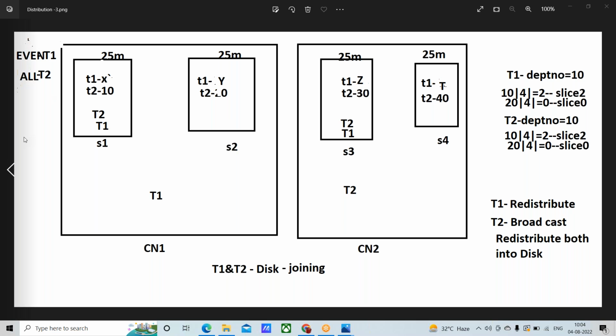All is present in every slice. But if the other table is ALL, then that's fine, because every copy is there. Whatever X comes, it will just join with this. Whatever Y comes, it will join with the copy available here. You understand how ALL is helping, even when the other table is EVEN? Yes, sir.